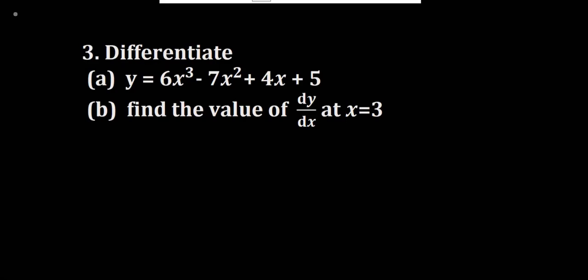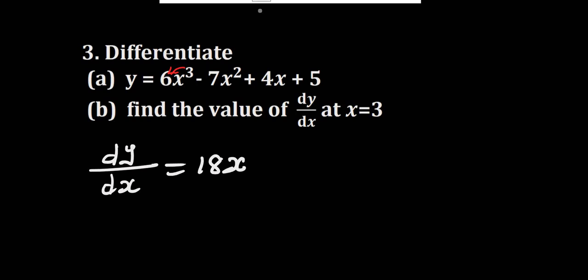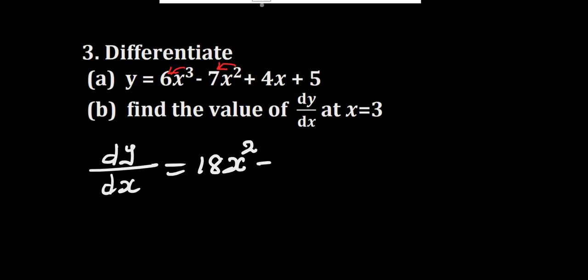So now let's differentiate this, and this will become dy/dx equal to 3 times 6, that is 18x, reduce 3 by 1, and that gives us 2x squared, and 2 times 7, 14x.